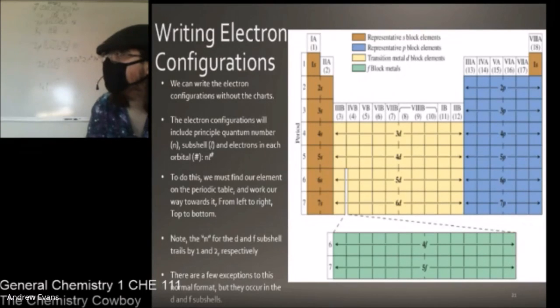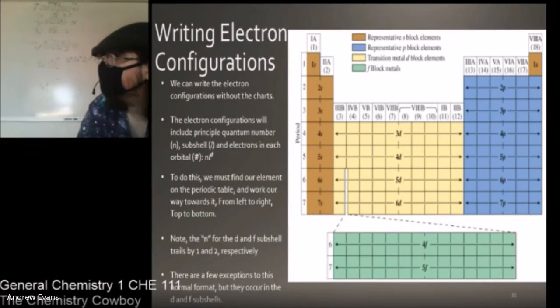I've already pre-modified it in order to better understand that. You'll see here that above the 1A and 2A orbitals, I wrote S. Above the 3A/13, 4A/14, 5A, 6A, 7A, I wrote P. Those are the p orbitals.